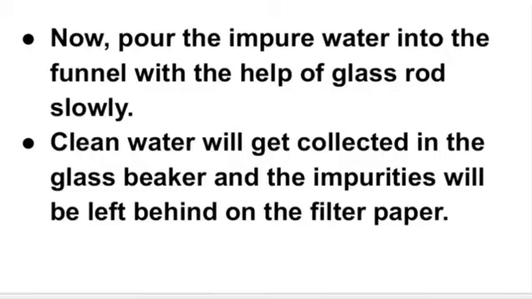When you pour the impure water, you will see that the clean water gets collected in the glass beaker, and the impurities are left behind on the filter paper. The water gets collected in the glass beaker which is under the funnel.